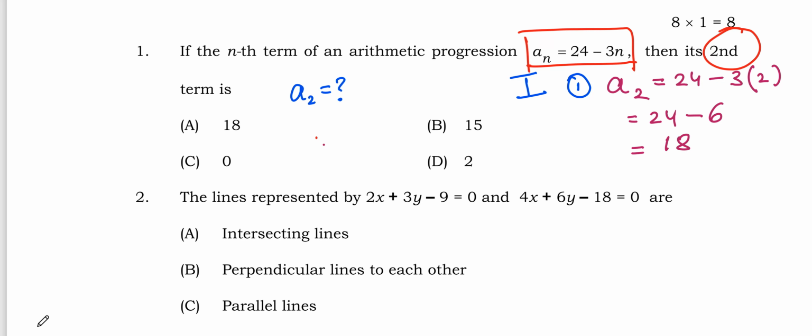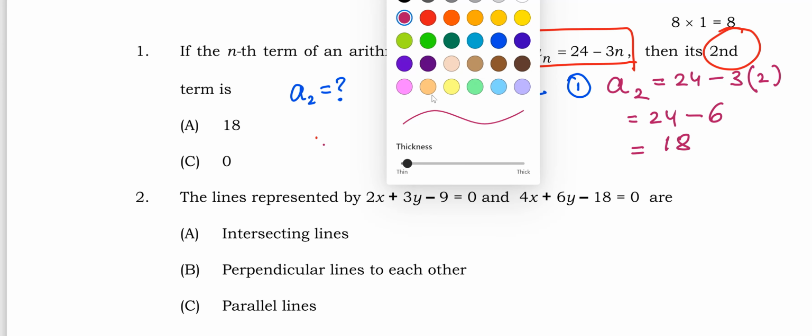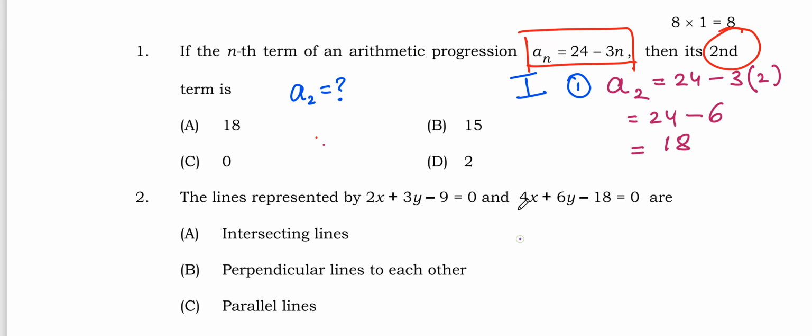So what is the correct answer? Now how should you write it? You are supposed to write the answer this way: first main, question number 1, option A, either small letter or capital letter, it's well and good, your wish, 18. Understood? Understood or not?